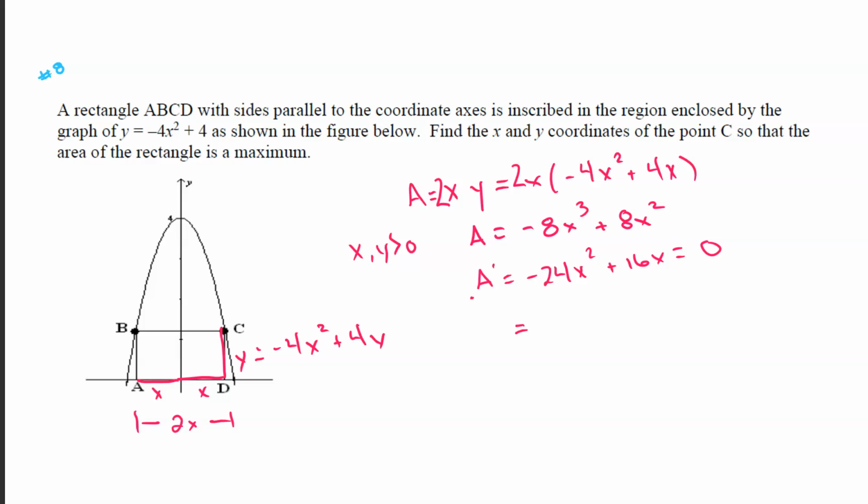Greatest common factor, we'll take out 8x. That leaves us with negative 3x squared negative 3x plus 2. All right, so we've got two solutions here. We've got when 8x equals 0 and when negative 3x plus 2 equals 0. All right, 3x equals 2, x equals 3/2.